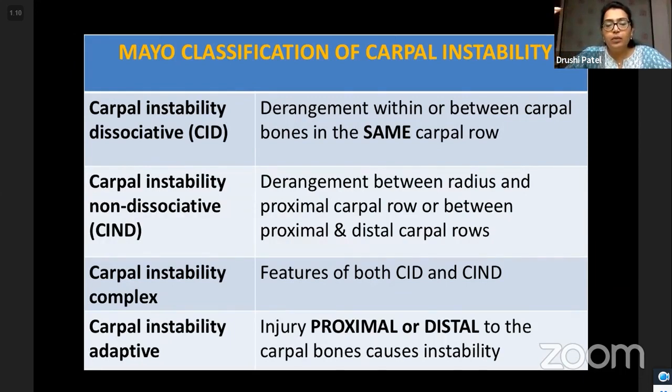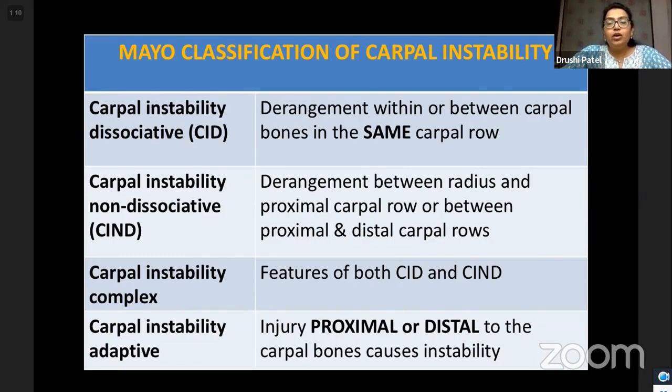These all fall in the carpal instability dissociative. When there is derangement in between rows, that is between distal radius and proximal carpal row, or between proximal carpal and distal carpal row, with the intercarpal alignment remaining normal, that is known as carpal instability non-dissociative.